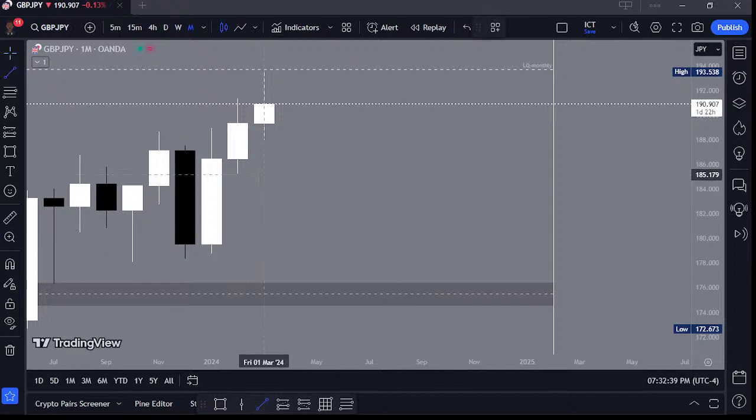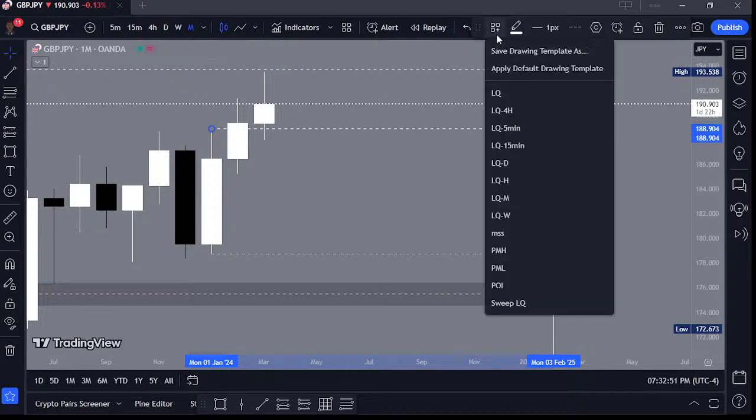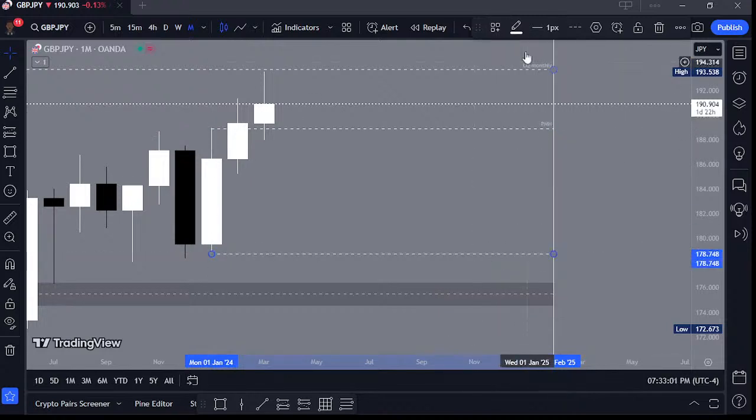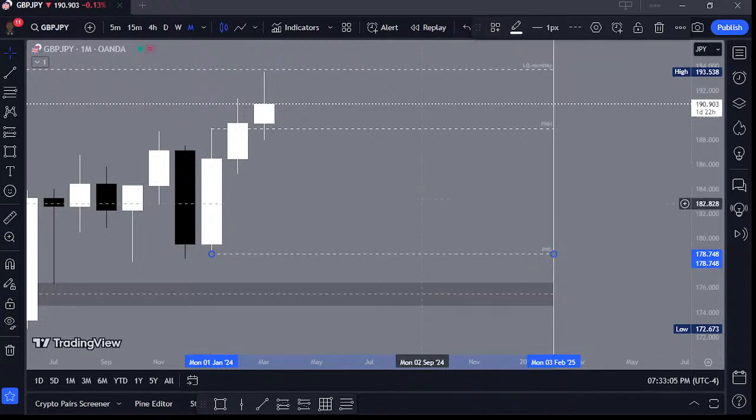I will start by checking this. As you can see, these were the high of January, if I'm not wrong. That was the high point of January. I call it previous month high, and this was the low point of January, previous month low.